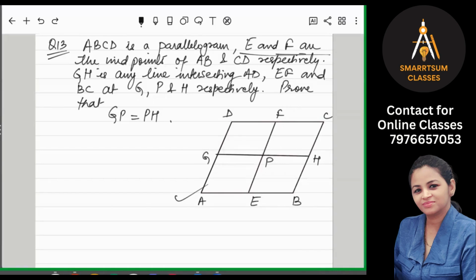So this is given here. ABCD is a parallelogram. E and F are the midpoints of AB and CD. And there is a line GH, which is intersecting AD at G, EF at P, and BC at H. Now we have to prove that GP and PH are equal.